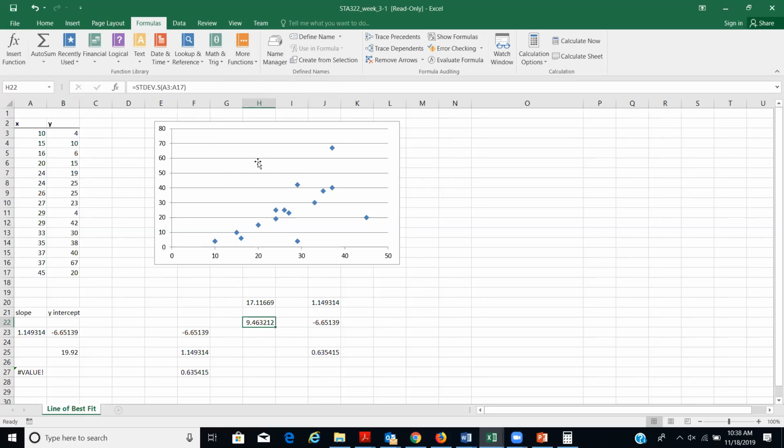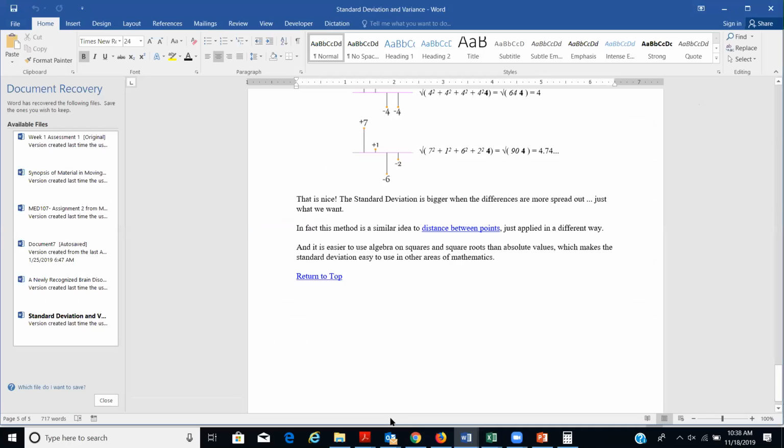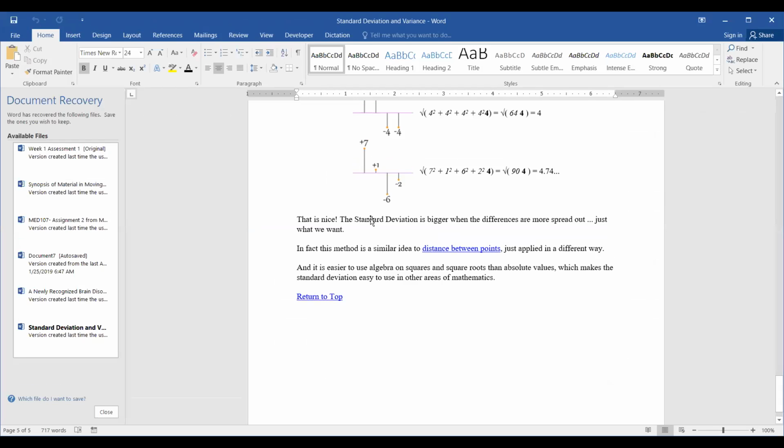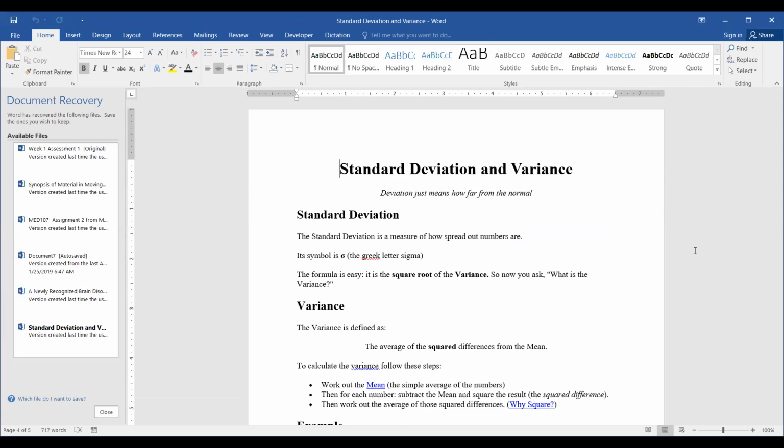But what I really want to get to is some other information here. Let's look at another document that I have about standard deviation and variance, okay?